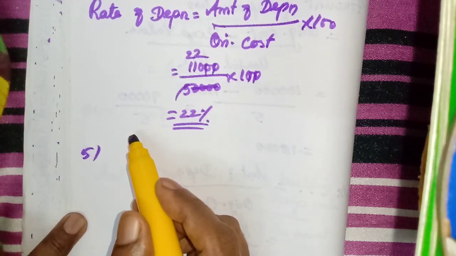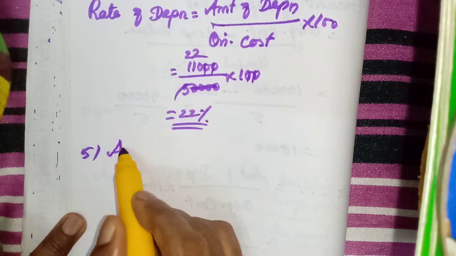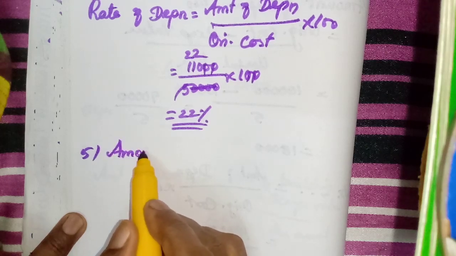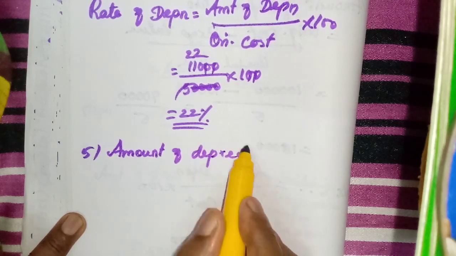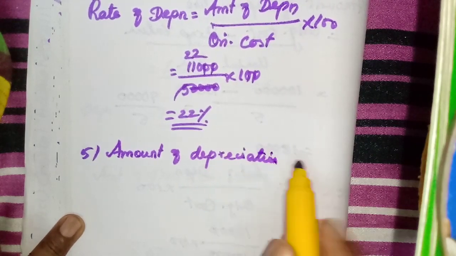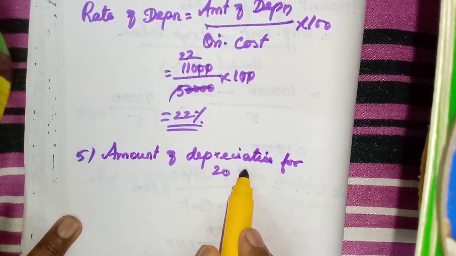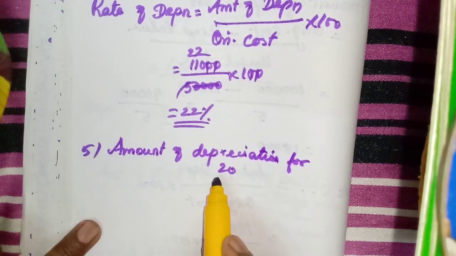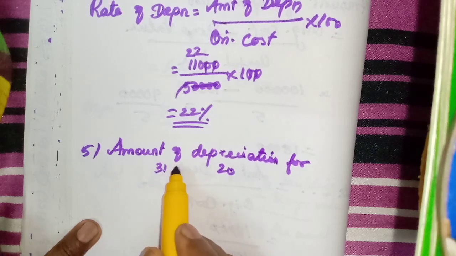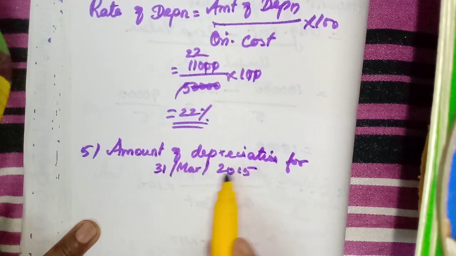The amount of depreciation for the period from 1st January 2015 to 31st March 2015.